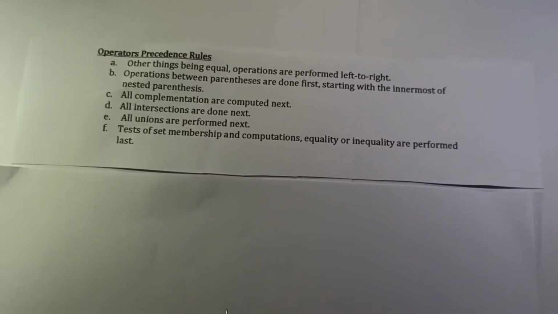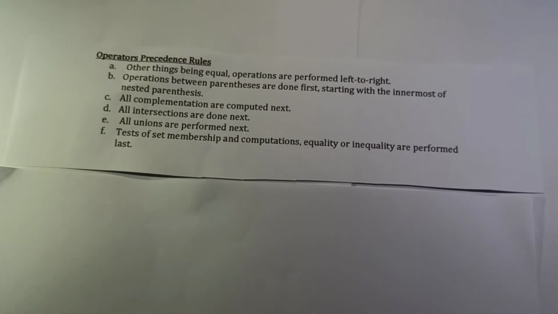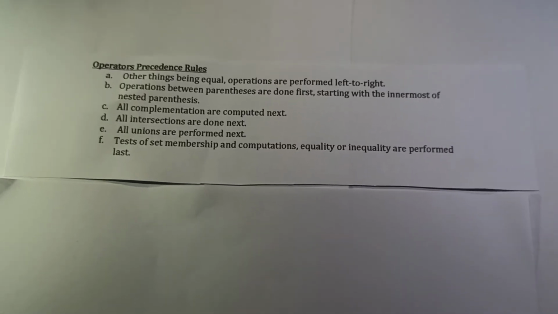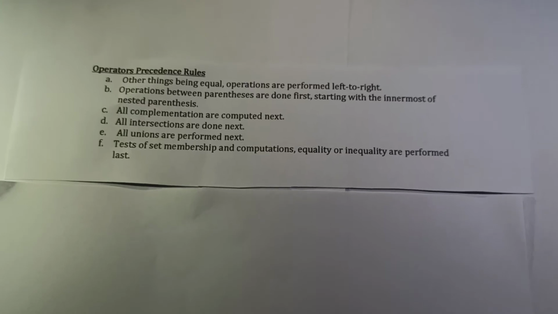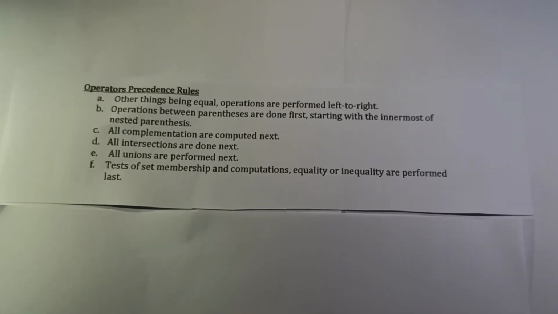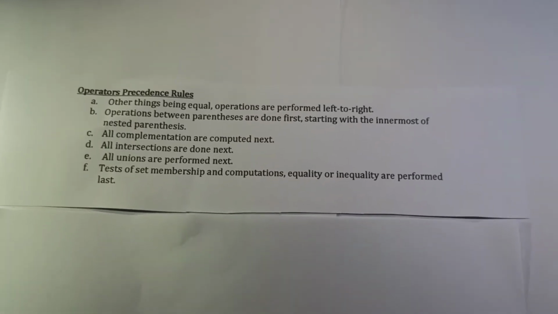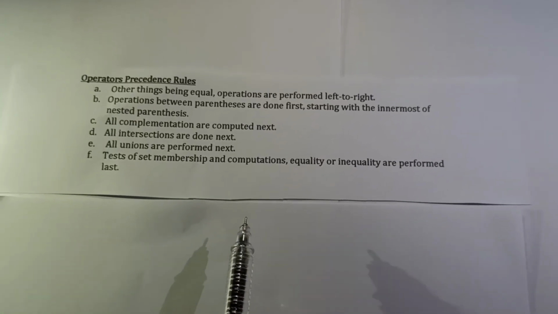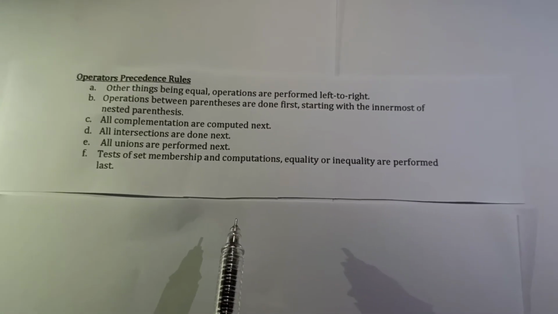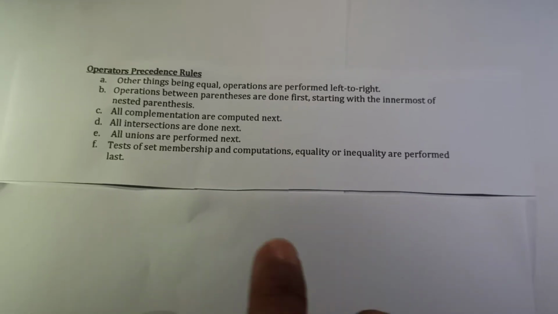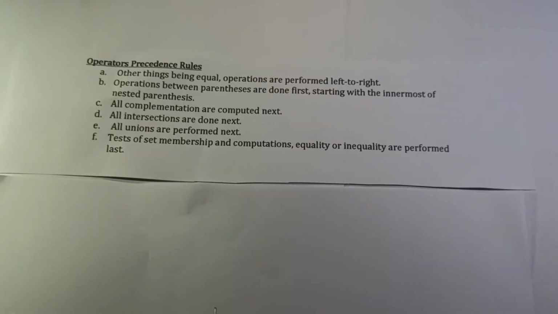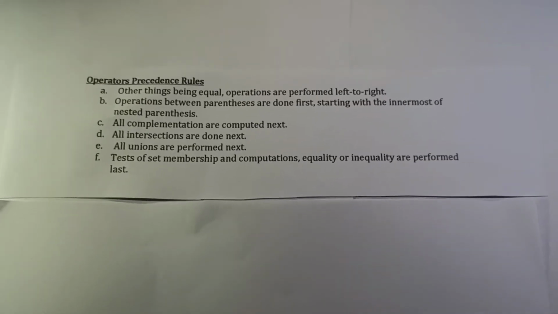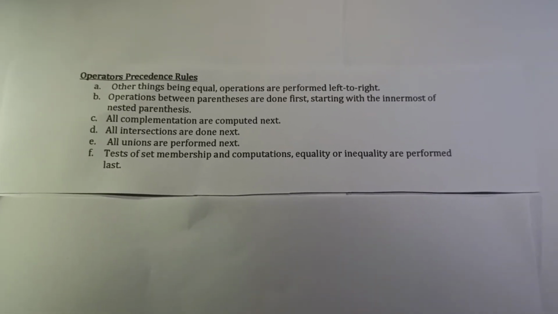Okay, so take note of the operator precedence rules. We are going to follow these. First, other things being equal, operations are performed from left to right. Operations between parentheses are done first, starting with the innermost of the nested parentheses.